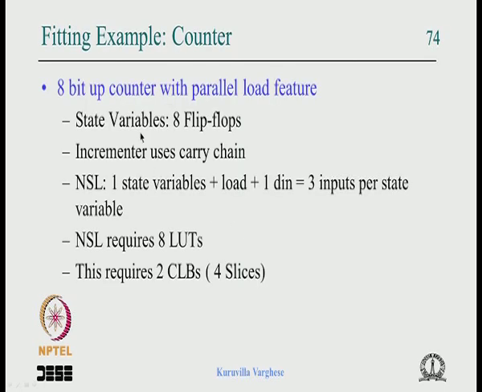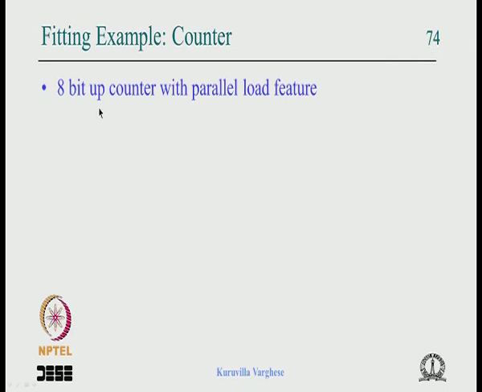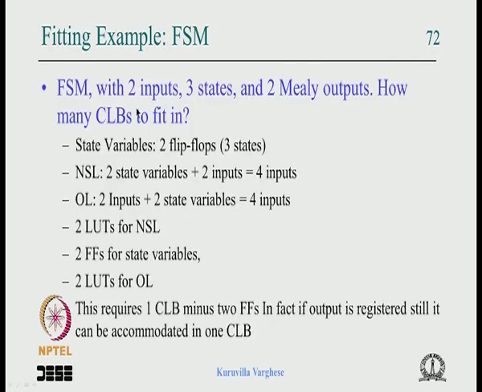So this was the example, we have a finite state machine with 3 states. So it requires 2 flip flops to implement in a binary encoding. So the next-state logic has 2 inputs and the present state, which is 2 Qs from the current flip flops. So the next-state logic will have input 2 state variables, the present state, and 2 inputs, so that is 4 inputs.